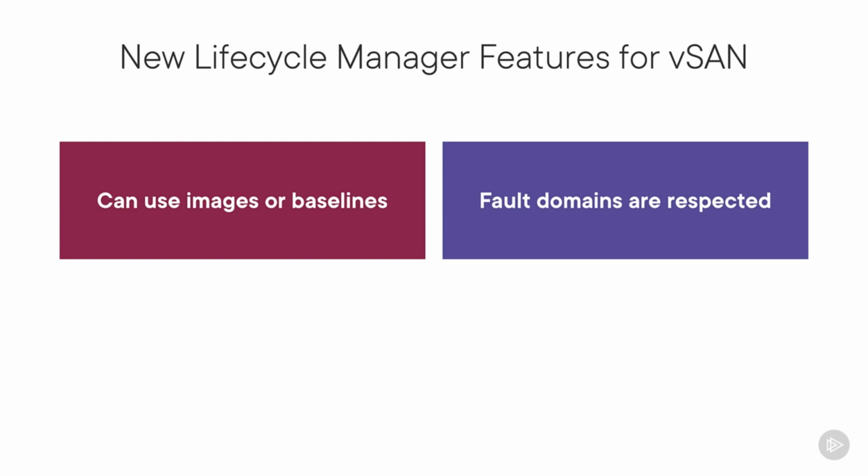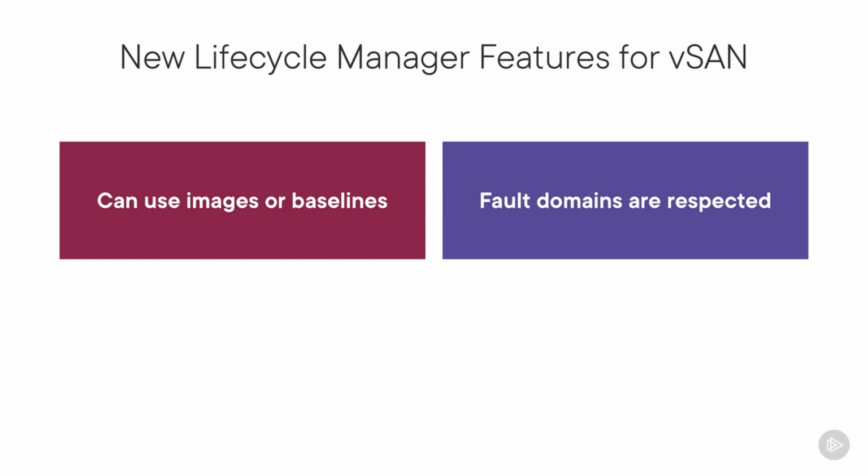But let's say that you had a vSAN cluster made up of 9 hosts, and you had 3 hosts in each of 3 different racks. Each rack could be considered a fault domain. So when Lifecycle Manager remediated the hosts in the fault domain, it would update the fault domains one at a time to ensure that all hosts in a fault domain are updated at one time.